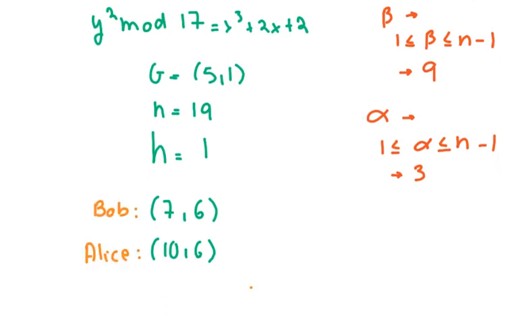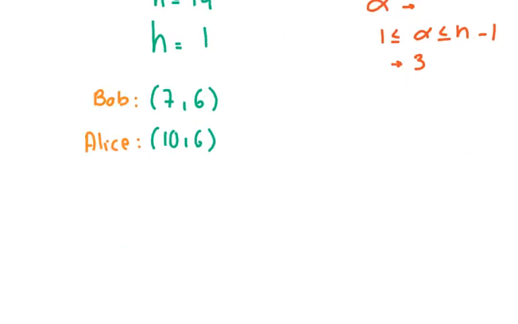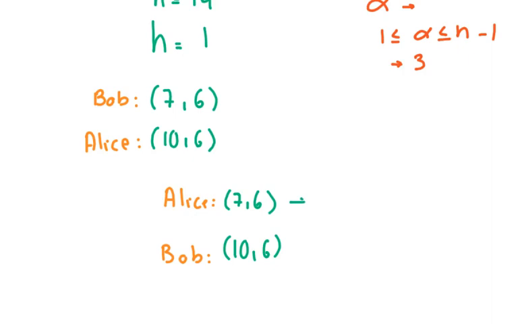Now, Bob has his point 7, 6 released to the public, and Alice has her point 10, 6 released to the public. The idea is that Alice takes Bob's point of 7, 6, and Bob takes Alice's point of 10, 6. Alice multiplies the point 7, 6 by her secret key of alpha, which we said was 3, and then Bob does the same thing.